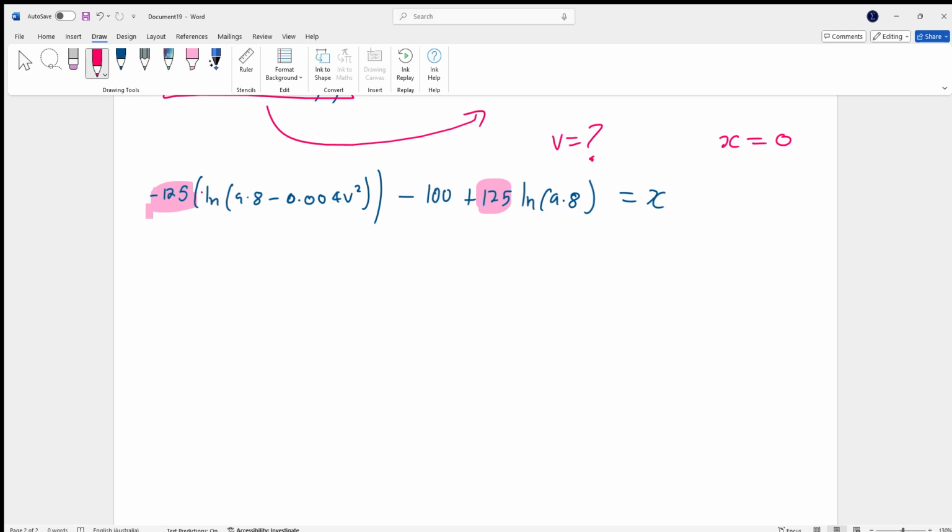I'm going to combine these two here. So we'll go 125 ln of 9.8 minus 125 ln of 9.8 minus 0.004 v squared.